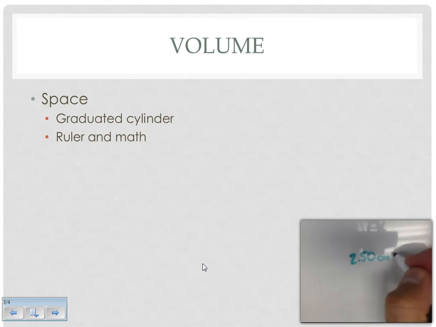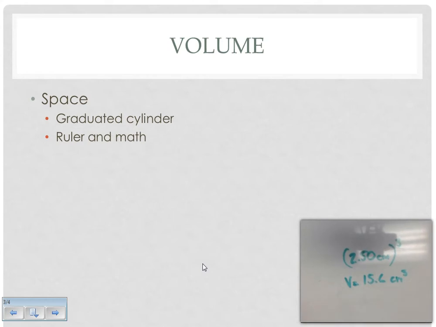And then I can cube that, okay? I can cube the whole thing, and when I do that, I get that the volume is equal to 15.6, and we cube the unit too, so it's cubic centimeters. And so that is the volume of those cubes.